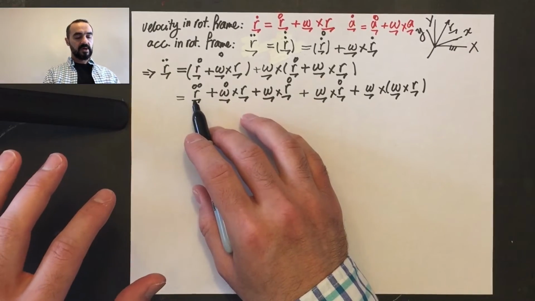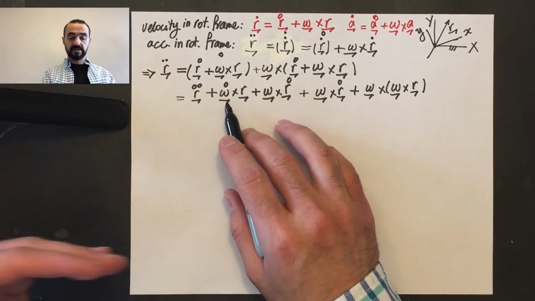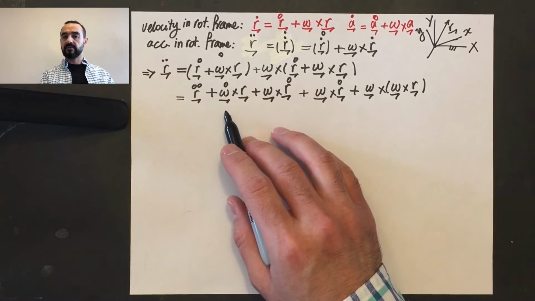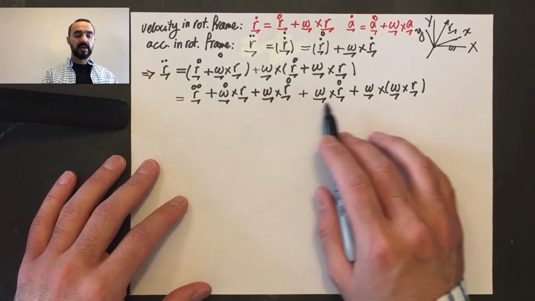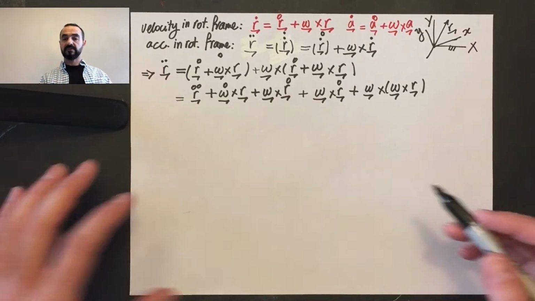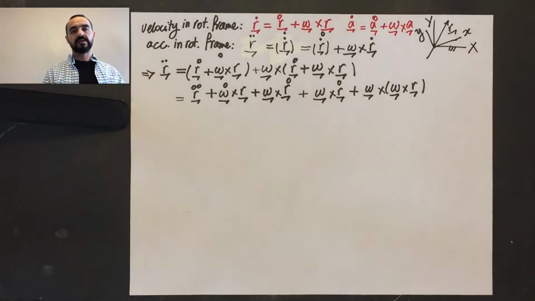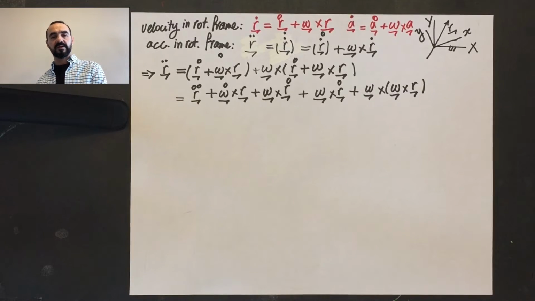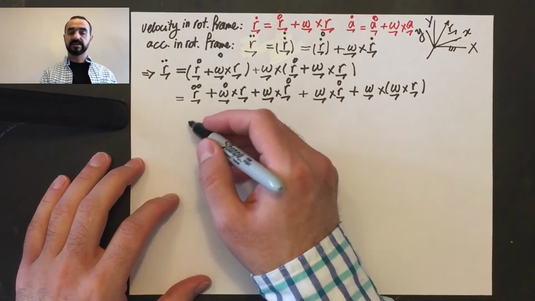We have, you can call this a relative acceleration. Then we have differentiated our angular velocity matrix. And then we are differentiating r in our relative, in our rotating frame. So that's what the circle indicates. Differentiating our parameter in our rotating frame is denoted by using a circle.